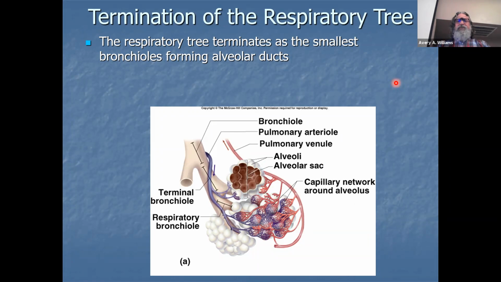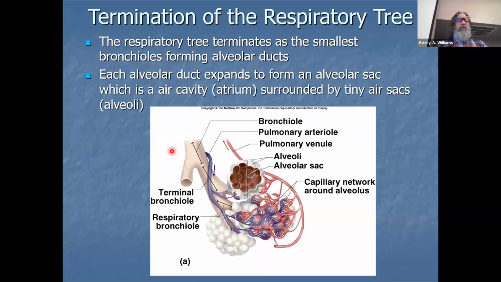The respiratory tree terminates as the smallest bronchioles. Remember, we had primary, secondary, tertiary, and then it finally comes down to the bronchioles, and the bronchioles give way to alveolar ducts. And of course, the alveolar ducts expand to the alveoli. Here, each alveolar duct expands to form an alveolar sac.